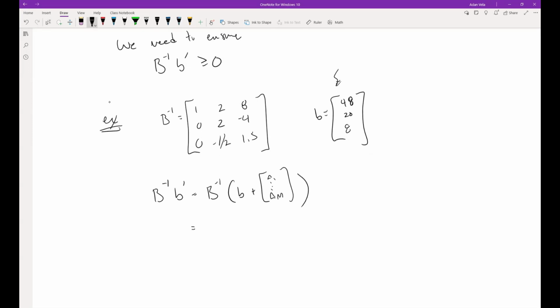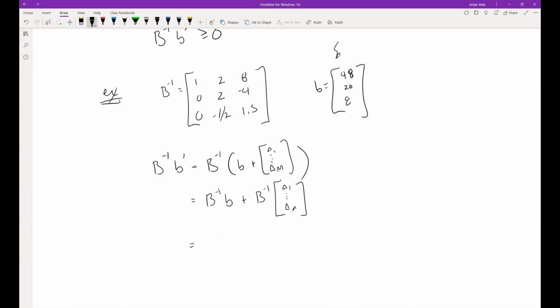Well, if we go through that multiplication, we get B inverse B plus B inverse times the deltas. Okay. So we already know this first quantity. This is just from our optimal simplex table to the original problem. And then we have our B inverse times the delta.